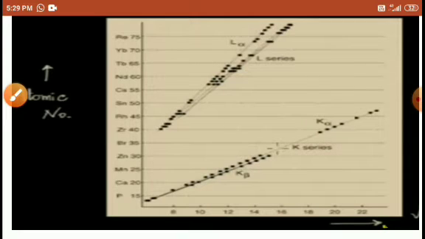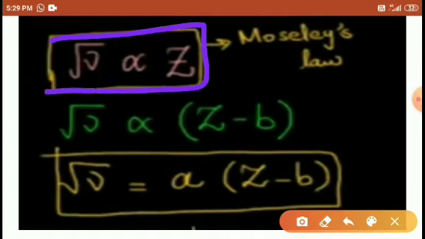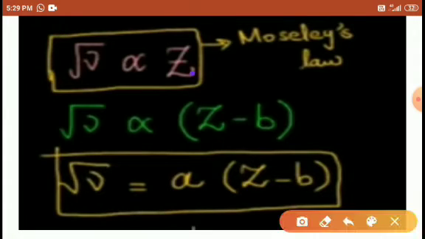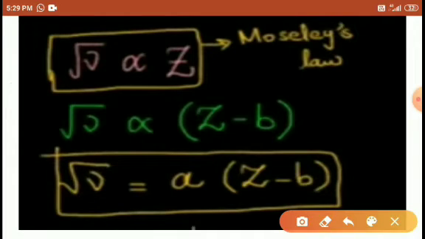Based on this graph, he arranged the elements in a systematic order. The frequency in the graph is directly proportional to the atomic number, Z is the atomic number. The frequency is proportional to Z minus B. Here mu is the frequency, Z is the atomic number, and B is a constant.